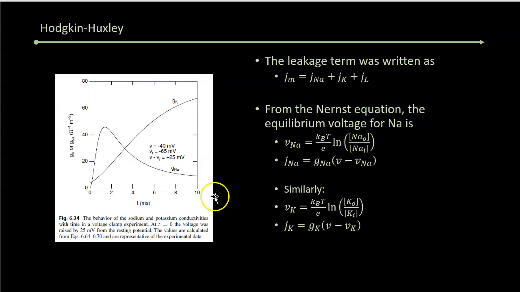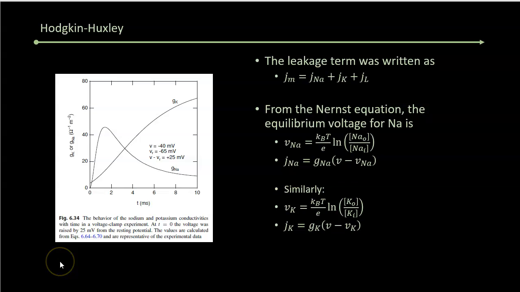So the current due to sodium shoots up and then decays, and the current due to potassium slowly grows over time. The conductivities of these two tell you what's going on with these ions as they balance out the fact that we've changed the voltage in the axon.